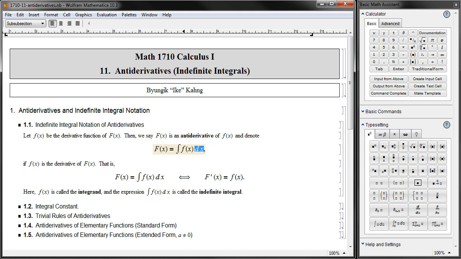Why is it so important? Number one, I already said it. It's a closure. We opened up this computation with the integral sign, so we have to close it. Number two, it marks the variable. The function is with respect to variable x this time, f of x. So we use dx.